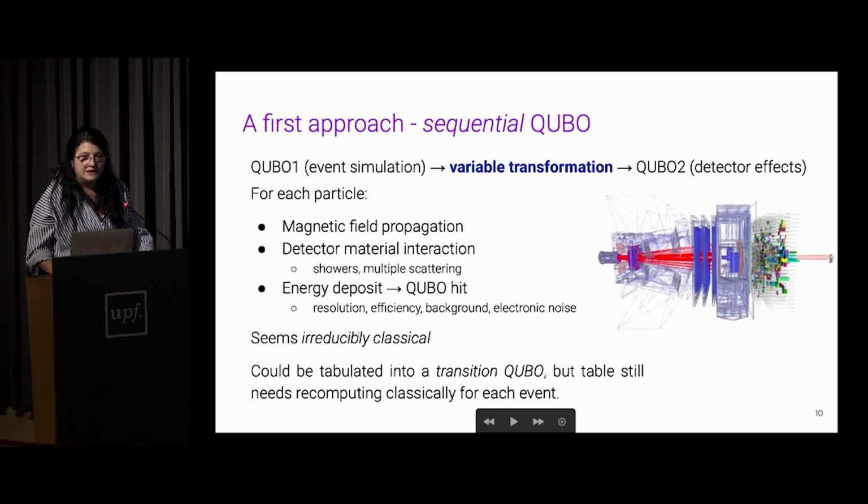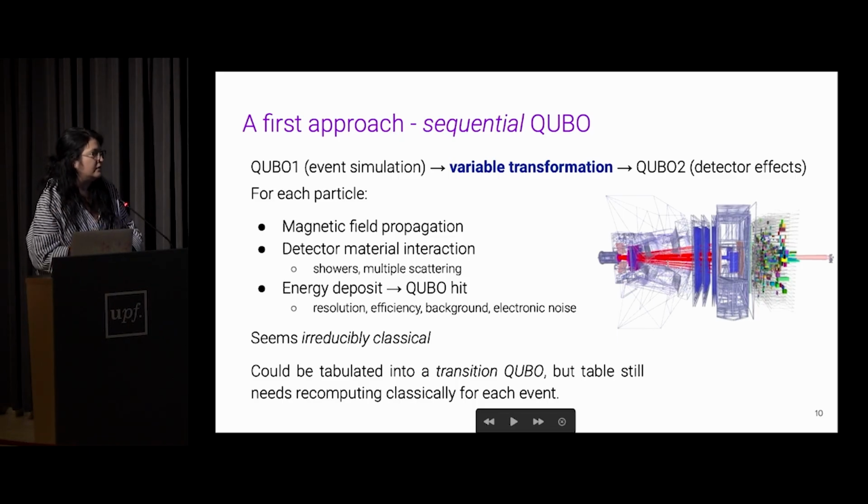Variable transformation here is kind of an understatement of what really needs to happen, because if you have the truth level information, so you have your ideal particle simulated, this variable transformation would need to simulate everything that happens in the detector. And I put a detector here just so you can get an idea of how complicated this is. You have to account for the magnetic field propagation, which is not trivial.